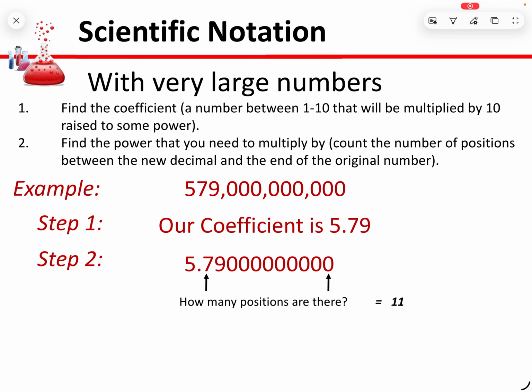Right, so that is going to be our exponent number. And that's then how we write this. So 5.79 times 10 to the 11th. Right, we're essentially counting from where we put that decimal place in. Right, we don't need to show all the zeros anymore. They're going to be accounted for in the exponent position.